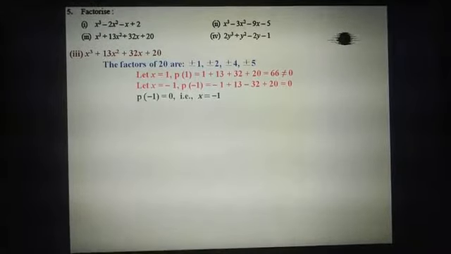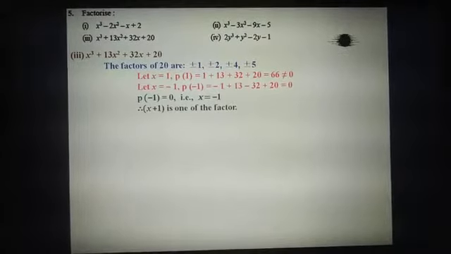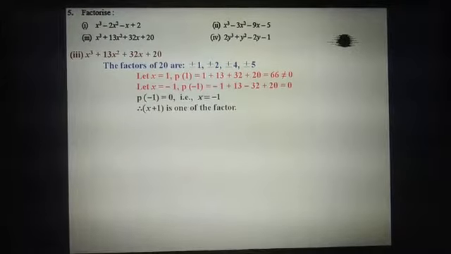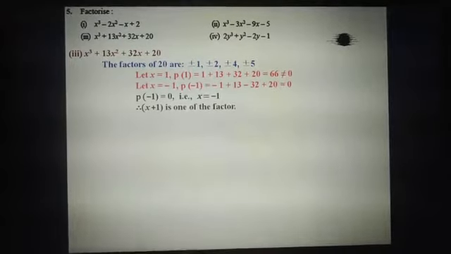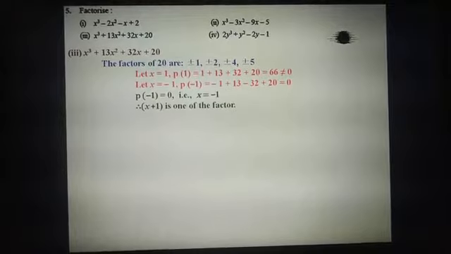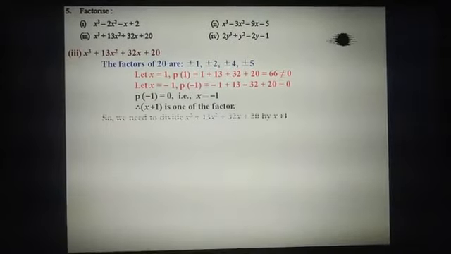Therefore, as per the factor theorem, x plus 1 is one of the factors. We know that p of minus 1 equal to 0, then x plus 1 is a factor.